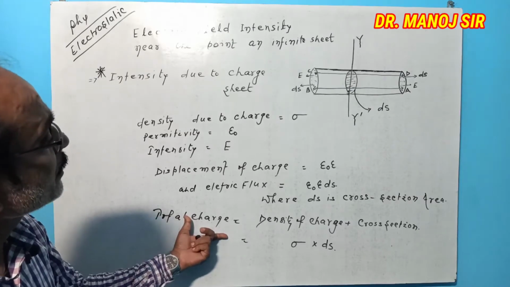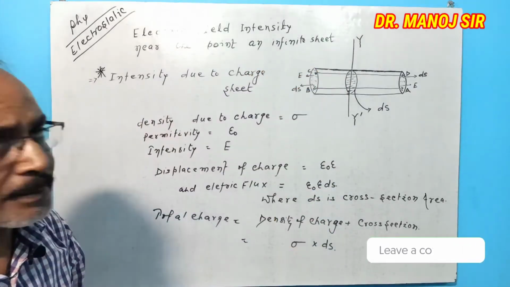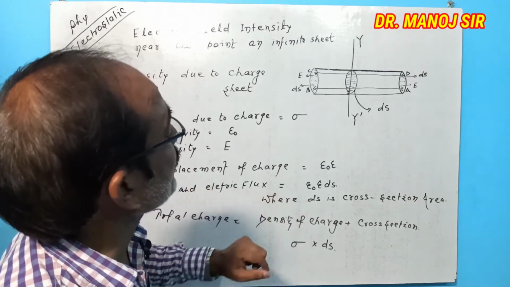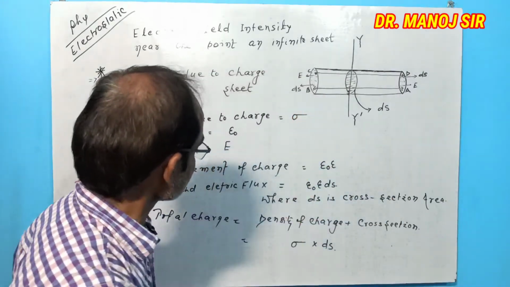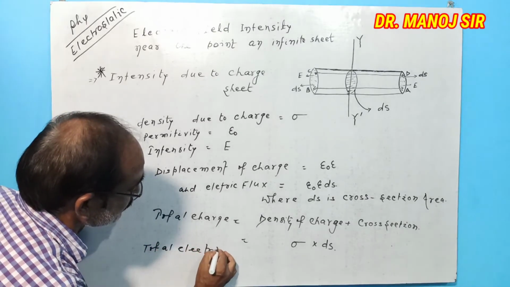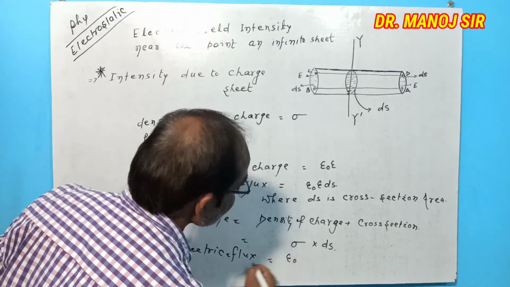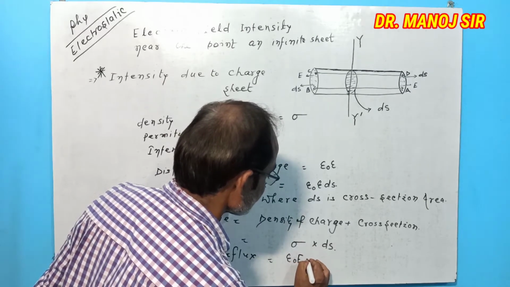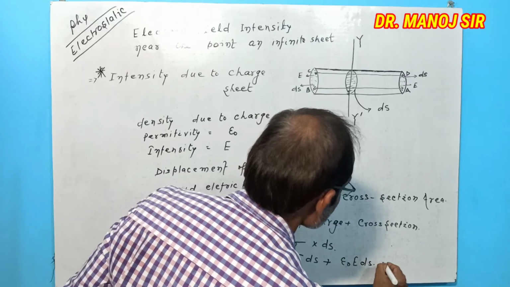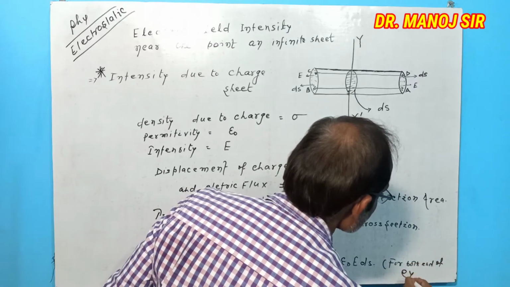The total charge of this cylinder is equal to the total electric flux of both ends of the cylinder, that is, total electric flux equals epsilon naught E ds plus epsilon naught E ds for both ends of the cylinder.